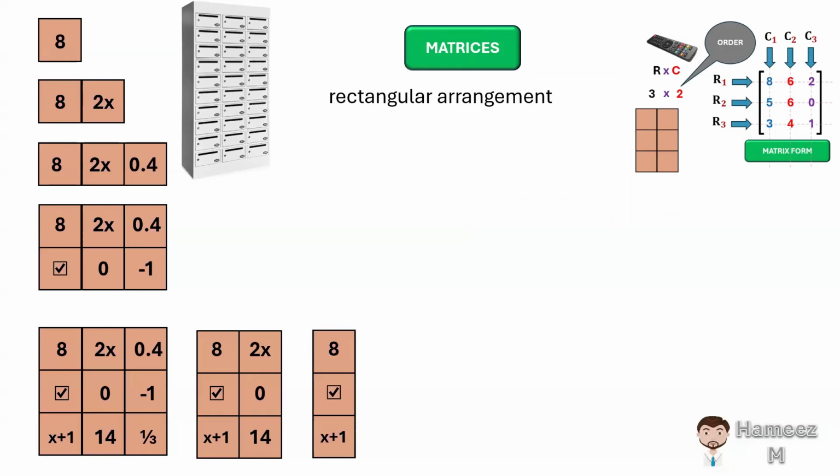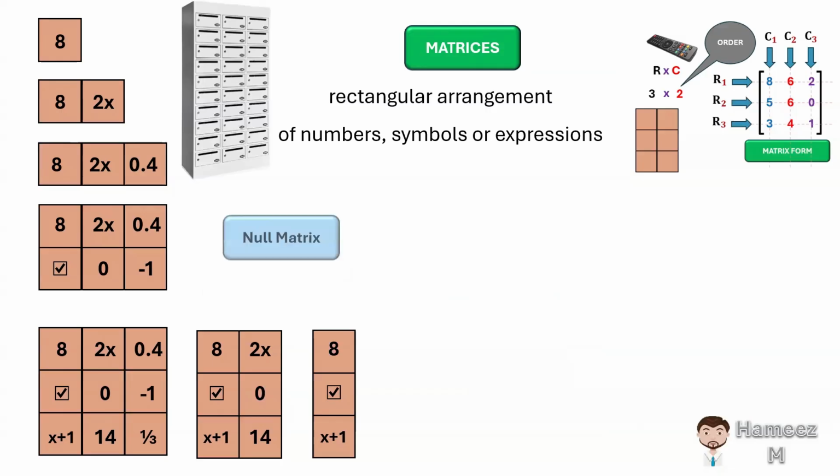By the 3 by 3 below, we can actually have x plus 1 included, 1/3 as well. So what does this tell us? That matrices are rectangular arrangements of what? Of numbers, of symbols, of expressions like 2x, like x plus 1, like ticks, which helps to give us information readily accessible.